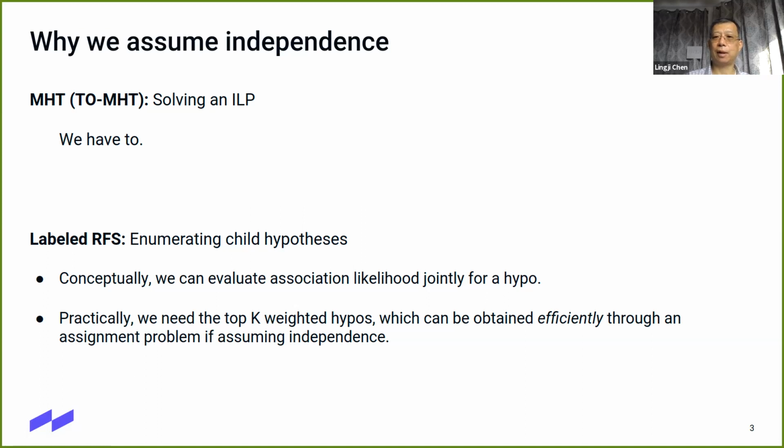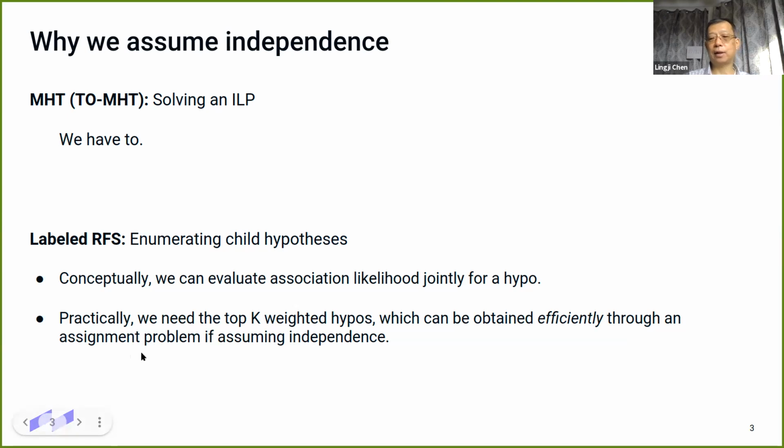We have to do some kind of truncation. We may have a billion candidates, and we can only keep the top, say, 100. To efficiently get those top 100, we often pose the problem as an assignment problem and run Murty's algorithm to take the top K as our batch of hypotheses to keep in memory and move forward.